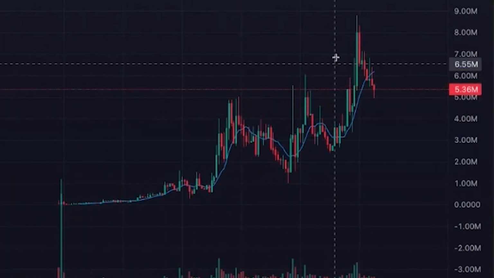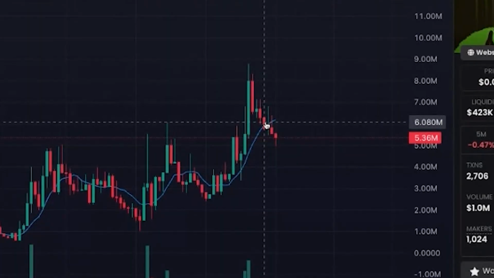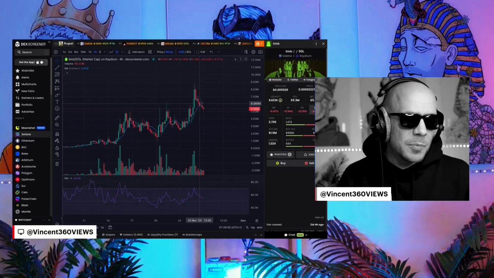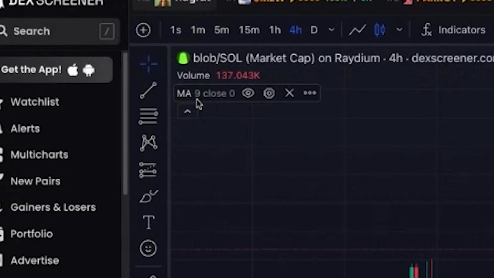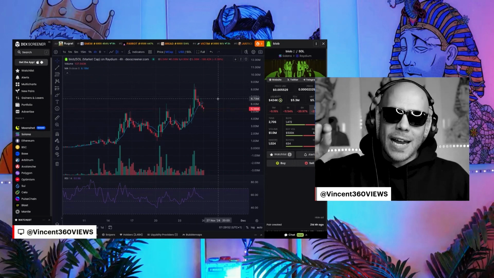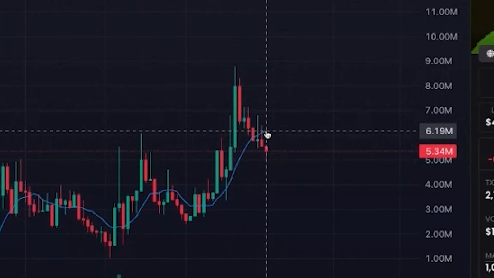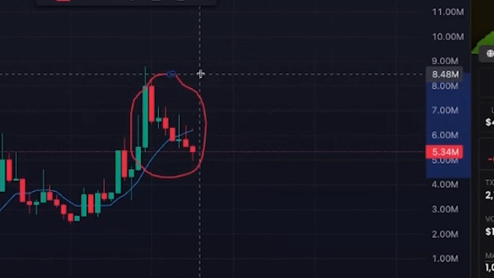The overall trend is bullish, but see this little line, the moving average, it has been crossed. Right now, I have the moving average based on 9, which means it's the average price of the last 9 periods. This point is the price of all of those candles altogether.